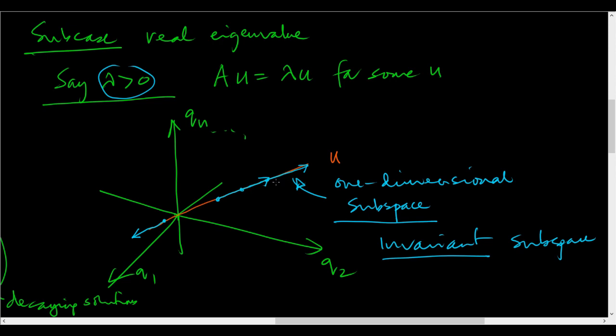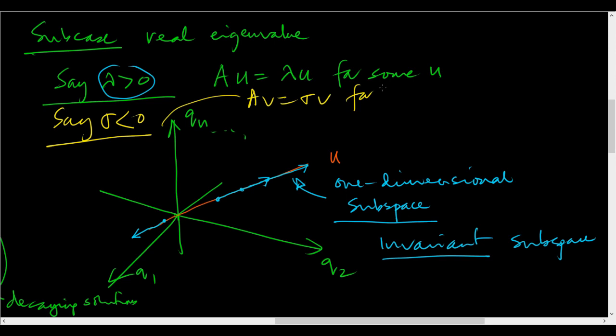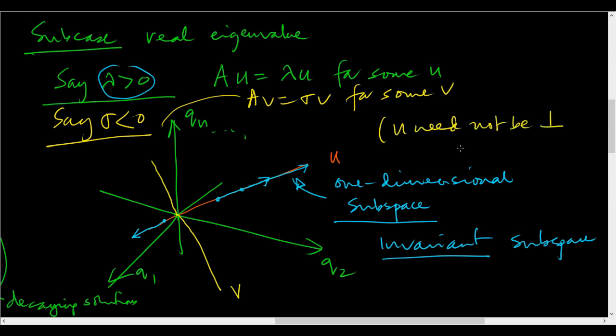Okay, all right. Suppose we have a different situation, say sigma less than 0, A v equals sigma v for some v. Let us say here is v. Remember, u need not be perpendicular to v.